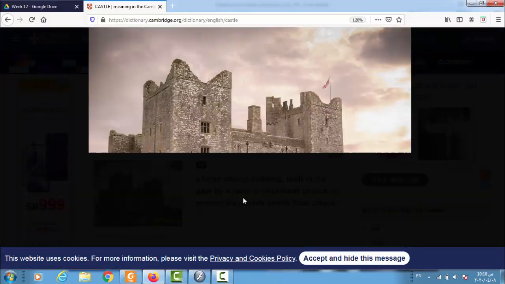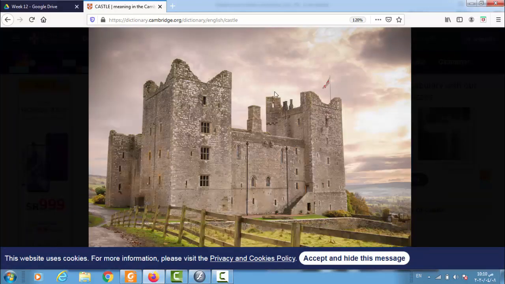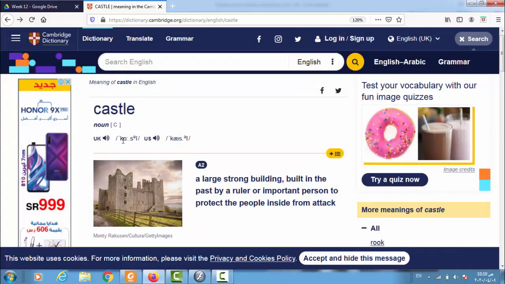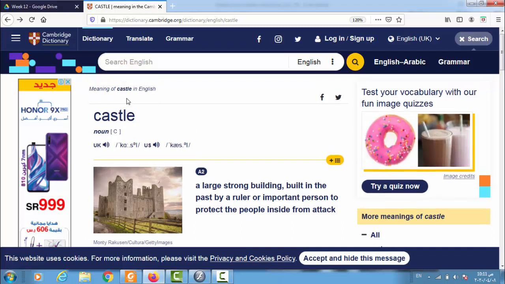This is the castle, guys. It's a very large building that was built in the past by a very important man or a ruler to protect the people from attack. And in the word castle, the T is silent.